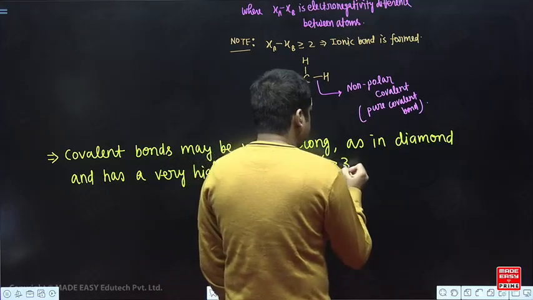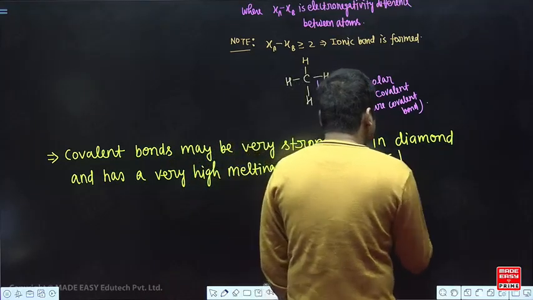Generally the melting temperature is greater than 3550 degrees centigrade for diamond.